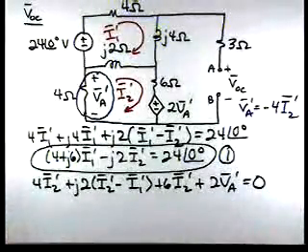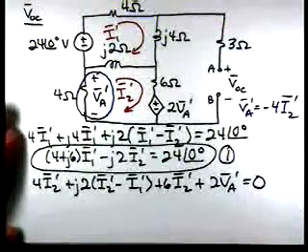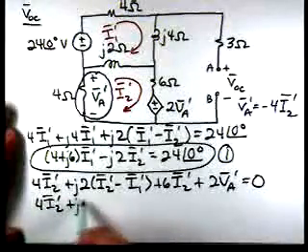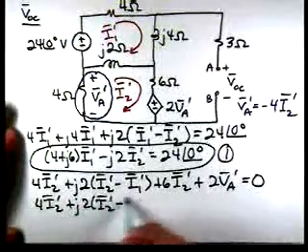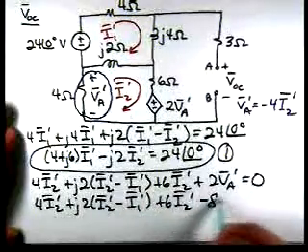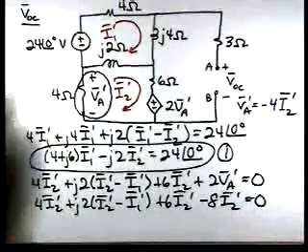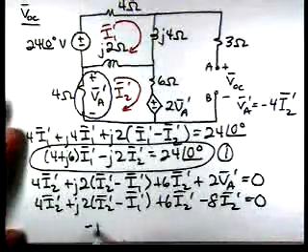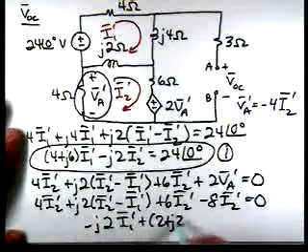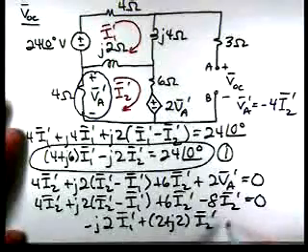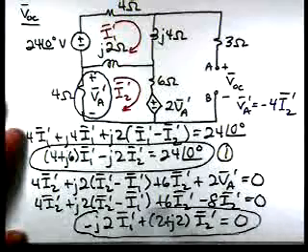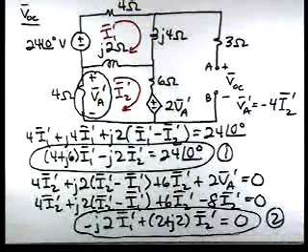So now let's substitute in. We'll have 4 I2 prime plus J2 times (I2 prime minus I1 prime) plus 6 I2 prime minus 8 I2 prime equal to 0. So that gives us minus J2 I1 prime plus (2 plus J2) I2 prime equal to 0. Alright, there's the second of our two equations.